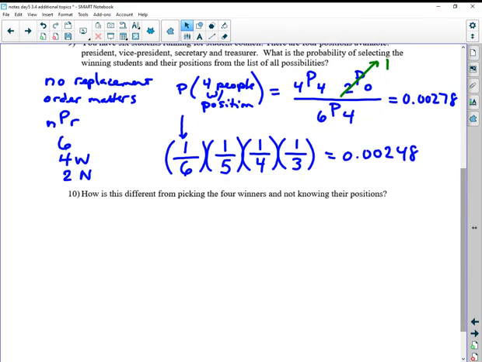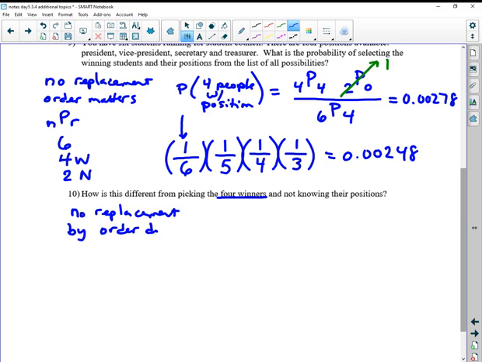Okay, how is it different from picking 4 winners and not knowing their positions? Well, then we still have no replacement, but now order does not matter. We have an NCR for our 6 people, 4 being winners and 2 being non-winners. So I could do the same for the winners.